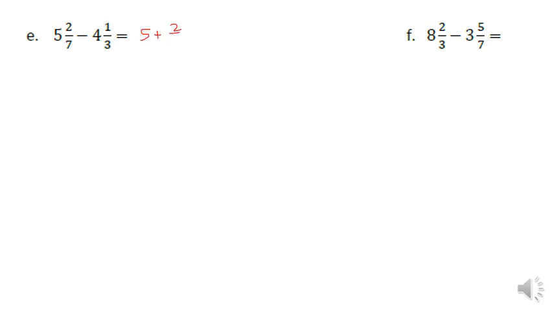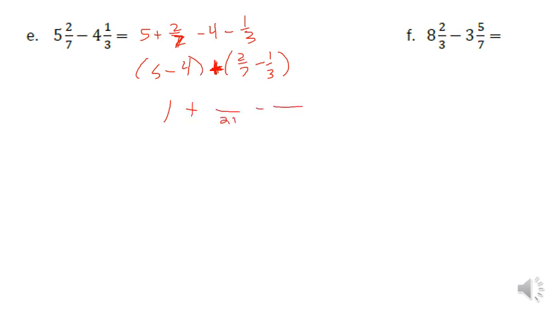Okay, so on this one, we have 5 plus 2/7 minus 4 minus 1/3. When I rewrite it, I get 5 minus 4 plus 2/7 minus 1/3.